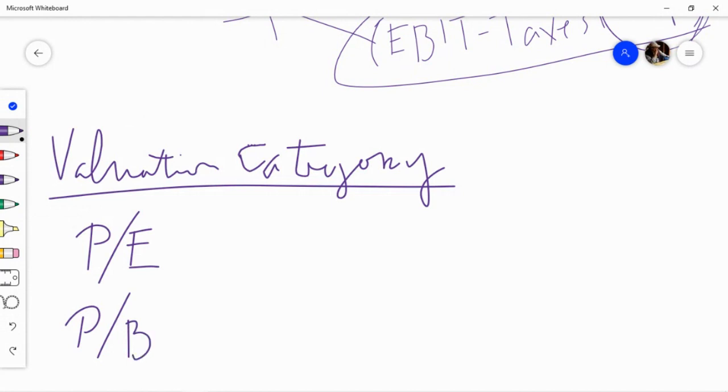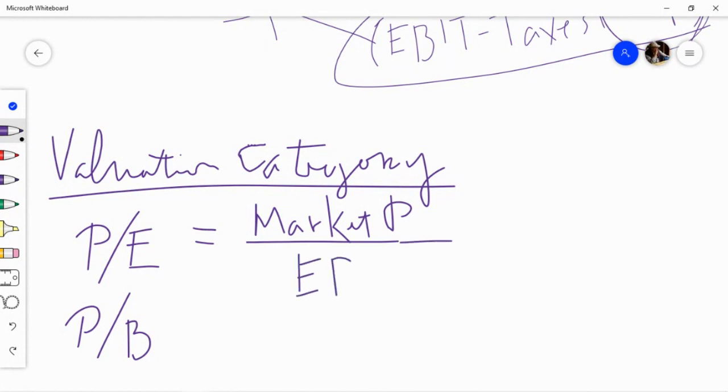Now, when we say price, of course there's stock price, but it's the market price of the stock. The symbol P always means market price, and E means earnings per share.